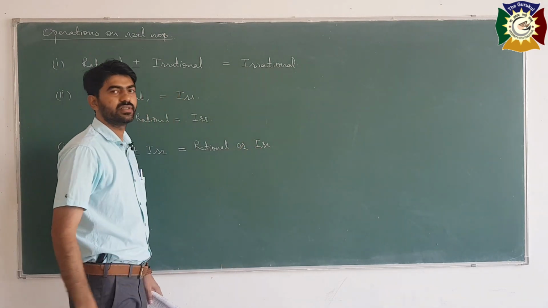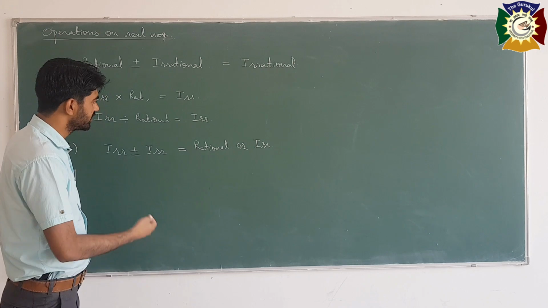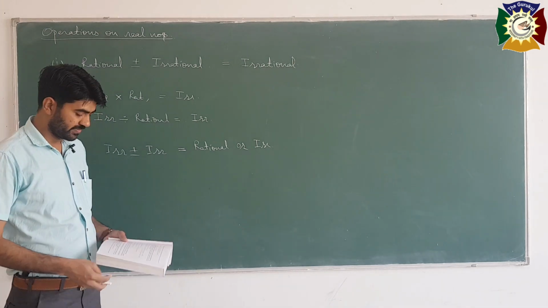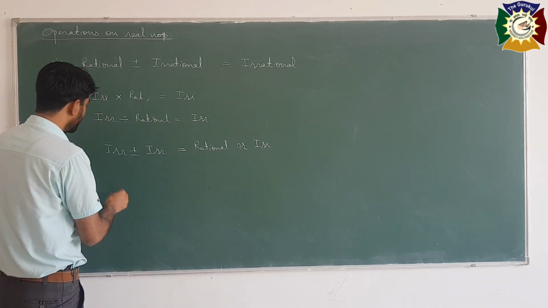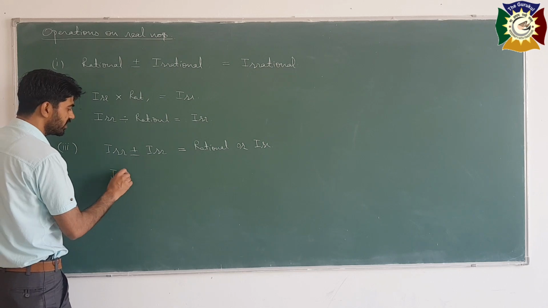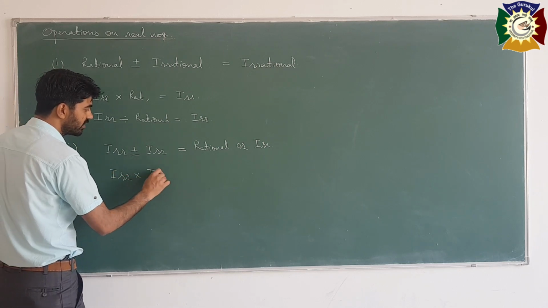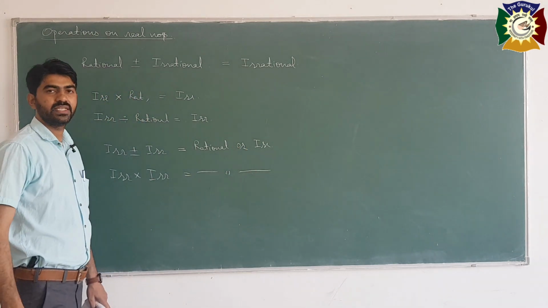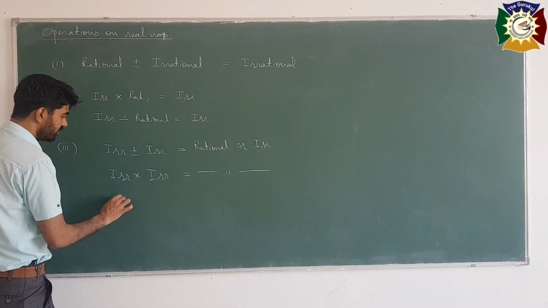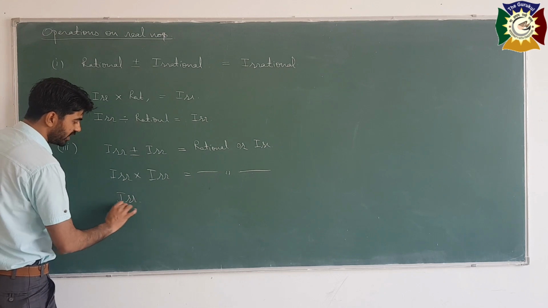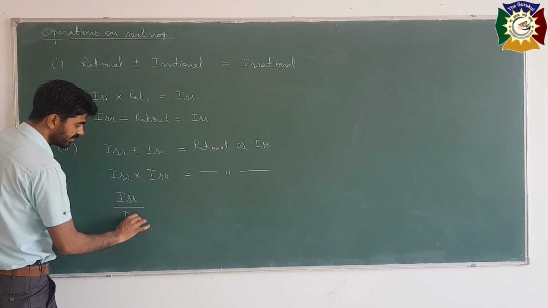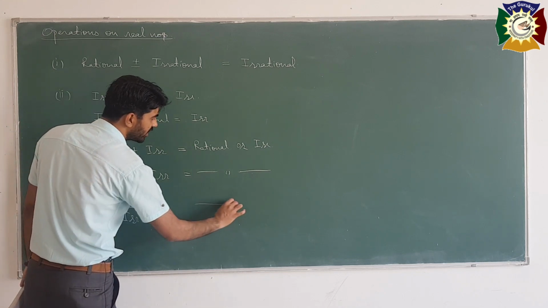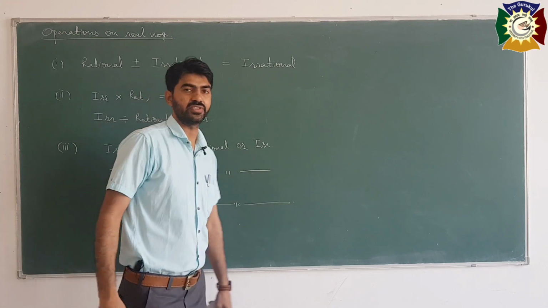It is not definite; it depends. Similarly, if we take irrational into irrational, again the answer may be rational or irrational. If we divide irrational by irrational, again the answer may be rational or irrational.